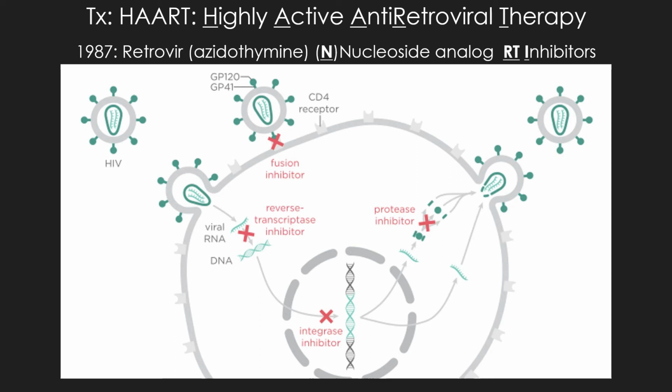So in 1987, Retrovir was a trade name for the first AIDS therapy, and it was a nucleoside analog which blocked reverse transcription.